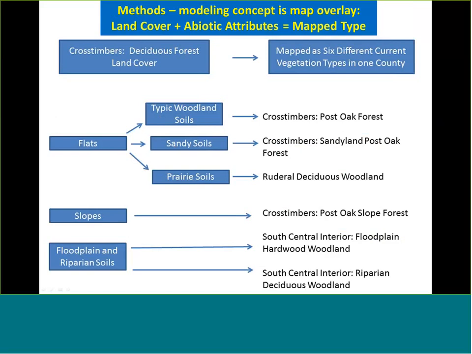We have sandy soils and prairie soils in that cross timbers region, and so we called deciduous forest on those 3 different site types, 3 different things, for example, in one county. And then slopes were mapped different, so deciduous forest on slopes, and then deciduous forests on riparian and bottomland soils. So that's the basic idea, is map the land cover and overlay the abiotic attributes to get the map type.